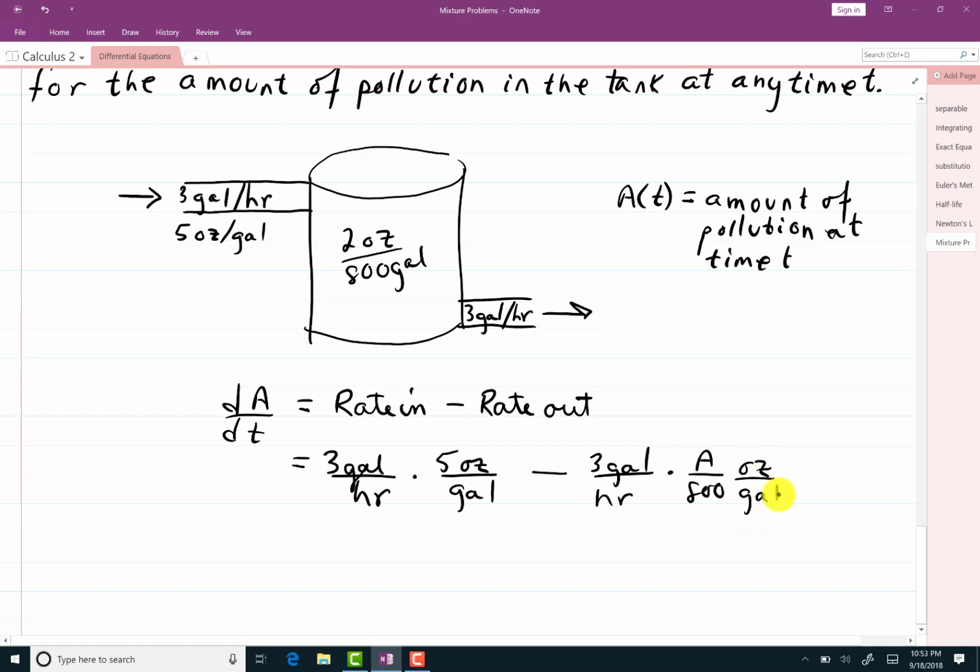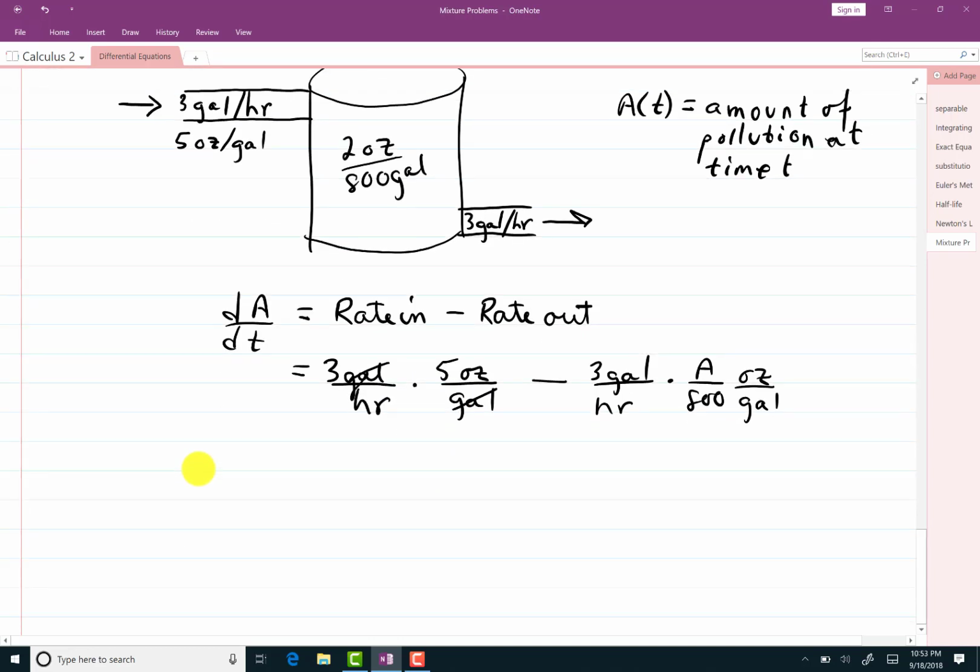I urge you to use the units as well, so that you can do some canceling and know that you're dealing with the right things. For instance, here I'm going to get 15 ounces per hour minus, once again, the gallons will cancel, and I'll have 3A over 800 ounces per hour.